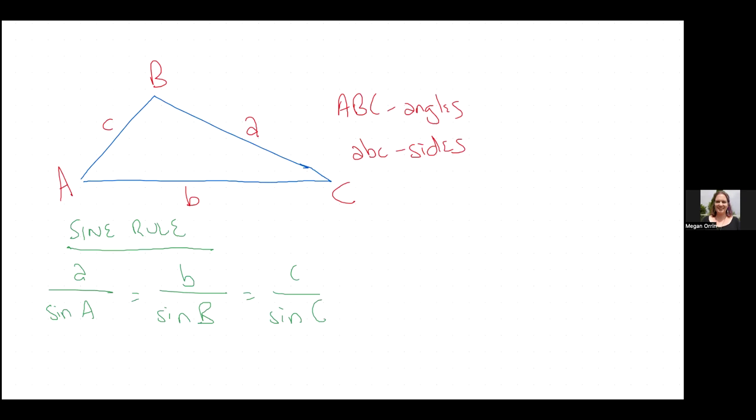So if we draw a triangle, and I say that this is 12 meters, this is going to be X meters, this is going to be 46 degrees, and this is going to be 51 degrees. Okay, so what I've got here is two sets that are opposite each other, and that is what I need.